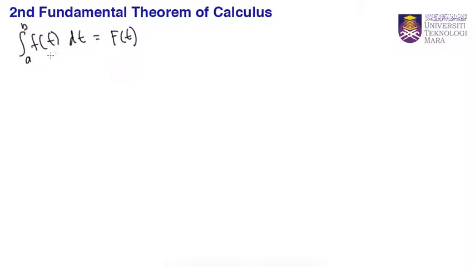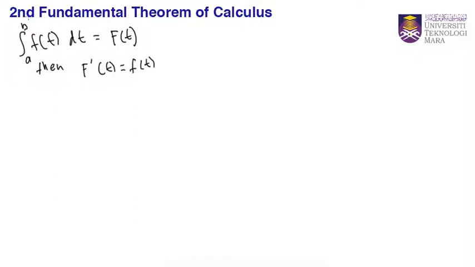Then F prime t, again when we reverse the process, when we differentiate this capital F(t), we will get back the small f(t). We will get back our integrand here. That was from the first fundamental theorem of calculus.